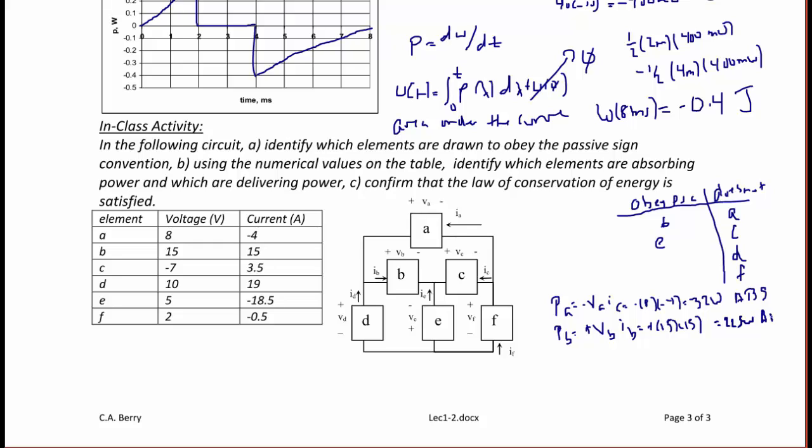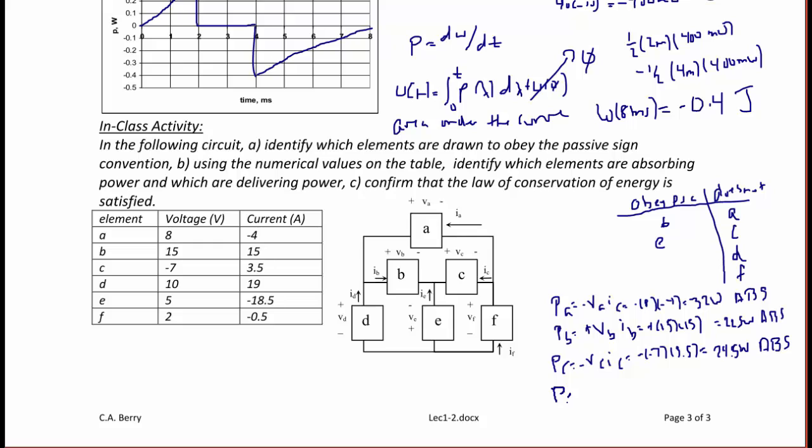So we say that element B also absorbs power. Element C does not obey, so that's going to be negative VC times IC. So it's going to be negative times negative 7 times 3.5. So for element C, the power is 24.5 watts. And that one also absorbs.